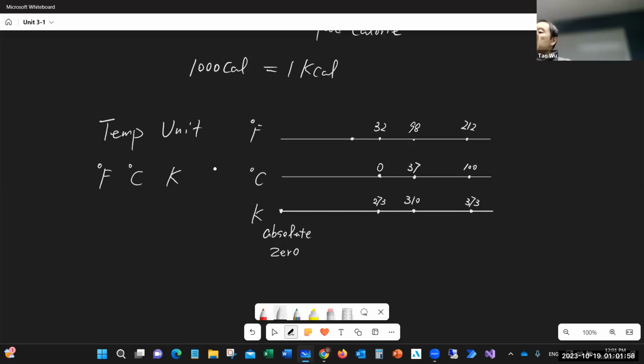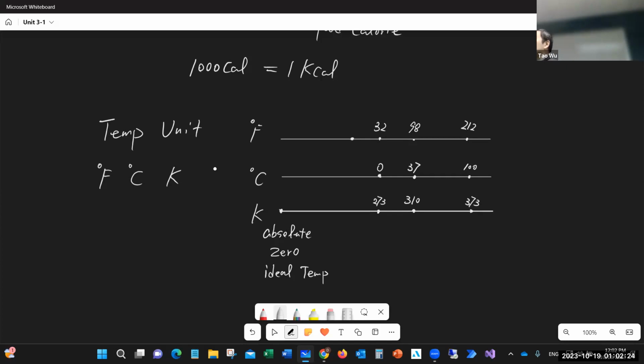But absolute zero is an ideal temperature. There's no object that can cool down to that temperature, so we cannot actually have absolute zero. But generally you can predict what the temperature for absolute zero is.